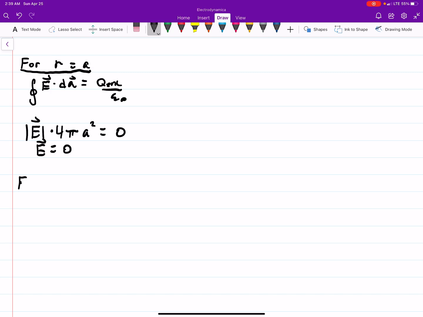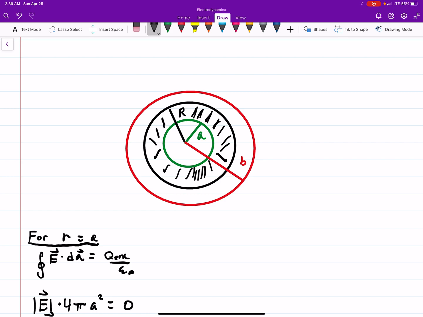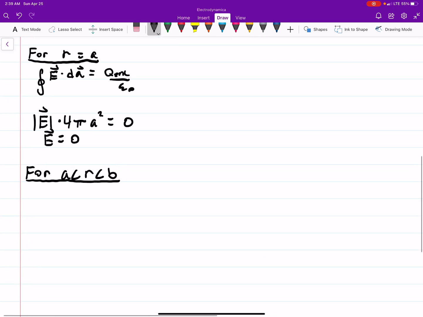The next region we'll look at is for a less than r, which is less than b. In other words, this region here that I kind of filled in. We're going to follow the same general idea.